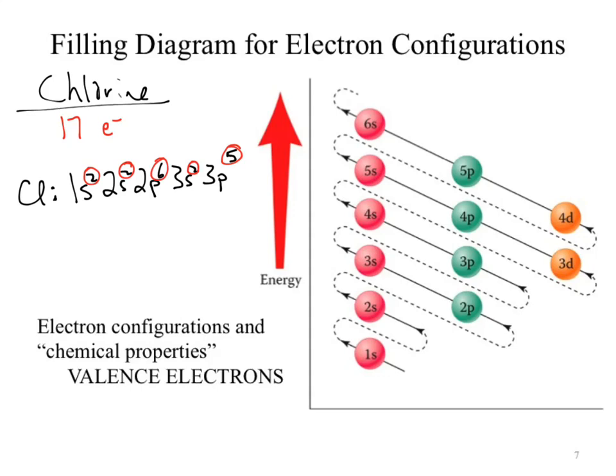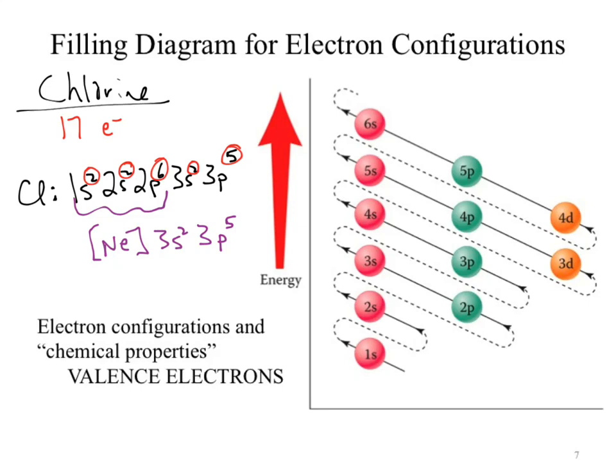Writing all of that out can be a lot of work, so we can abbreviate that. The 2 energy level and our 1 energy level are full all the way. What element matches our 1 and 2 energy levels? Neon. So what we can say is that this is neon, 3s2, 3p5.